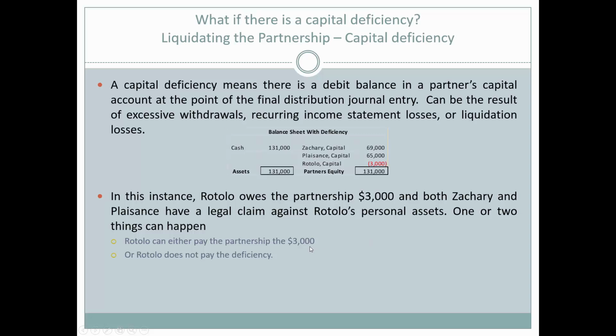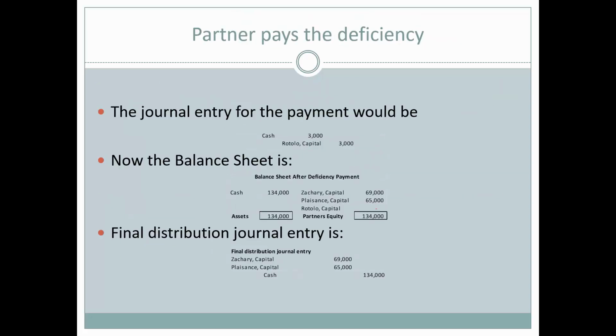So in some instances, they can pay the partnership and realize too that if they don't pay it, the other two partners can come against their personal assets. But it's difficult to bring a claim against people and get them to give up their personal assets. So I don't know how often that happens. Or what probably happens more often than not, Rotolo doesn't pay the deficiency. But let's look and see what happens in either case, despite my musings about human frailties.